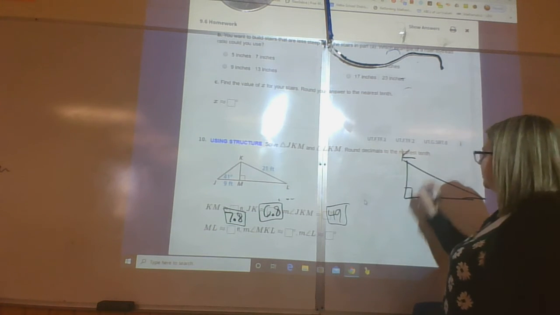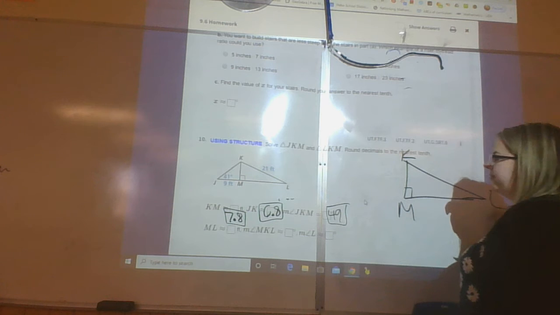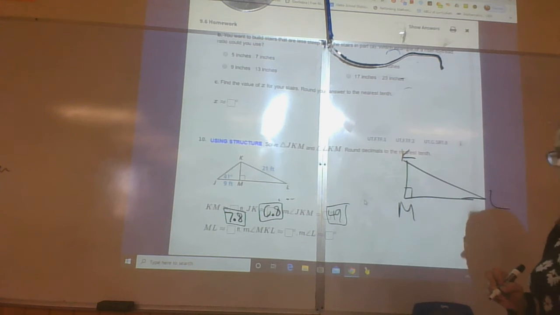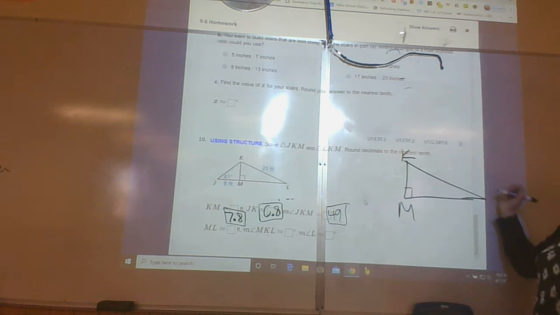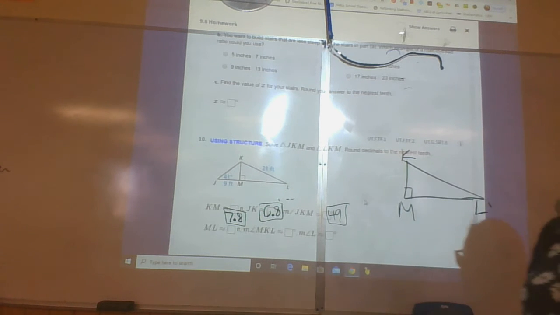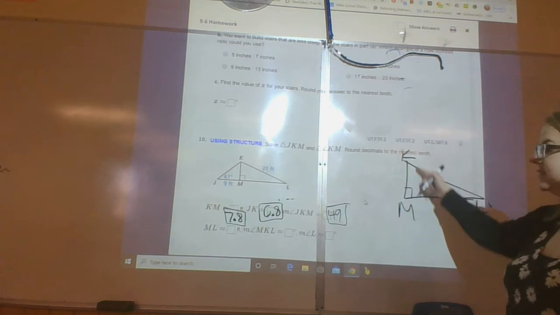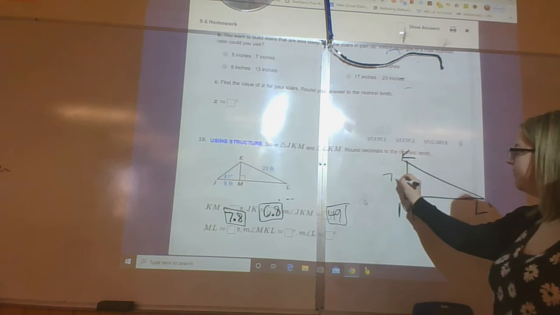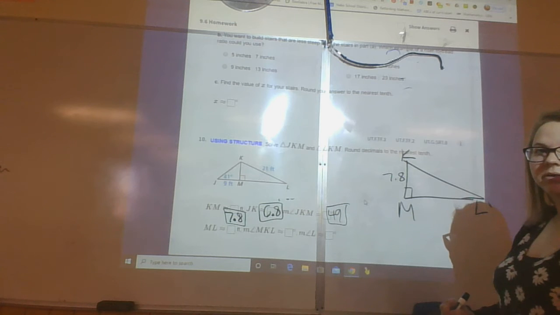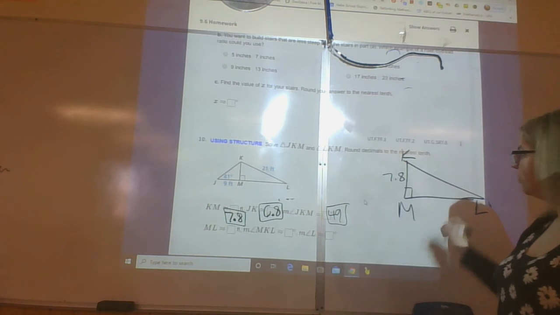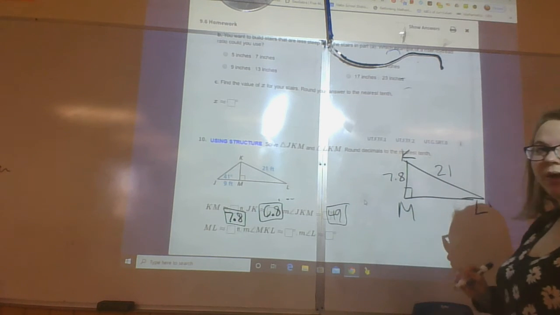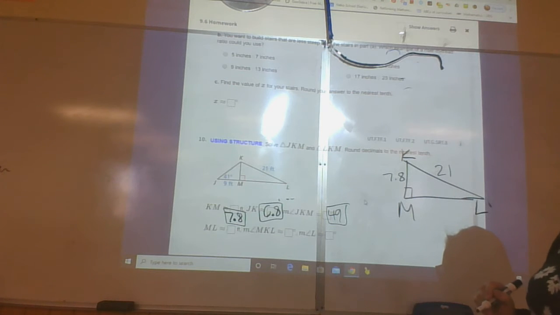This is K, this is M, this is L. Okay, and you can't see my L. My L is way over here. Okay, so again, here we found this length already. We said KM was 7.8. We know that length. We found it with our other triangle. And then we have this one. This one's 21. Let's first focus on the angles.